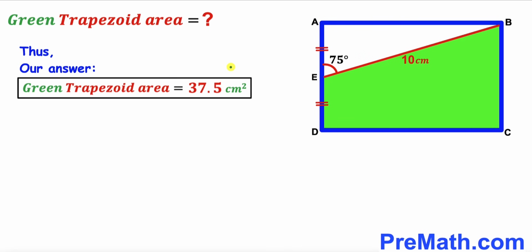So thus after all the calculations and manipulations, the area of this green shaded trapezoid BCDE turns out to be 37.5 centimeters squared. And that's our final answer.